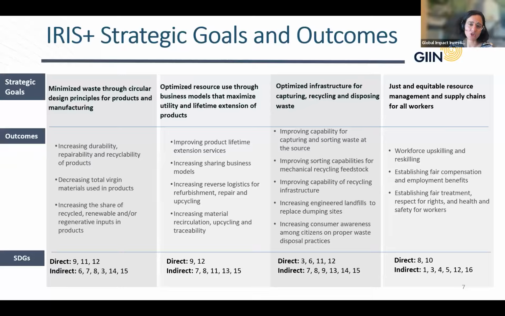We have focused especially on informal waste workers that were identified by the working group as a specifically vulnerable group.